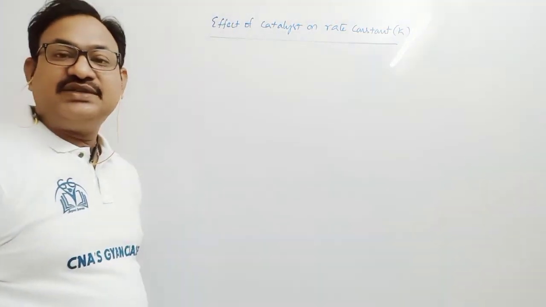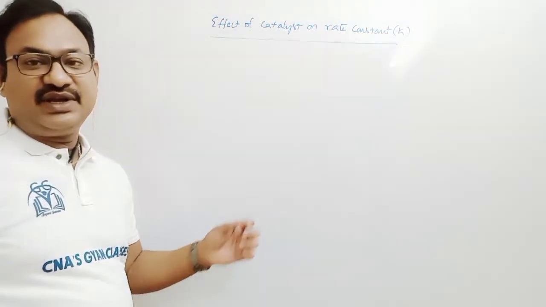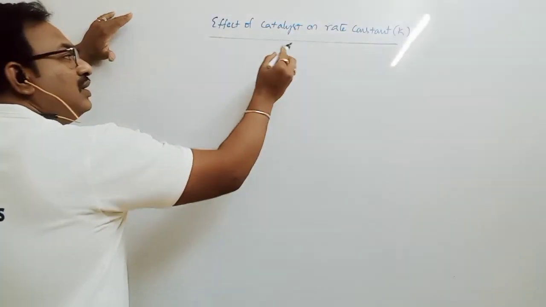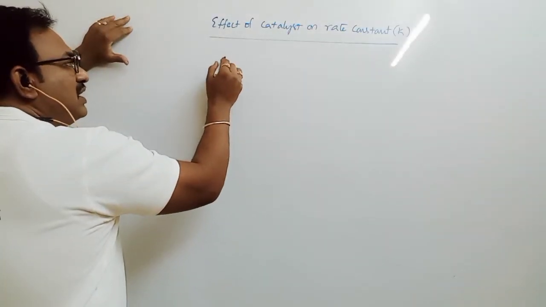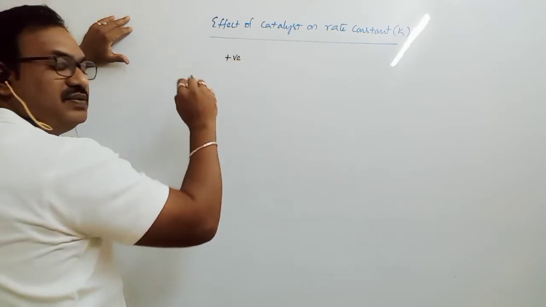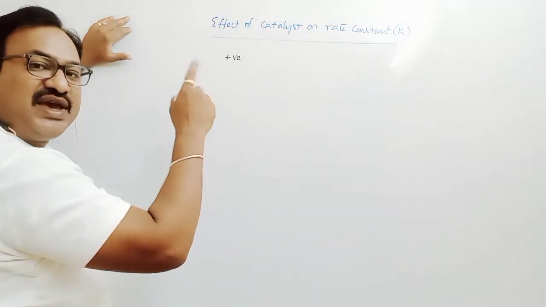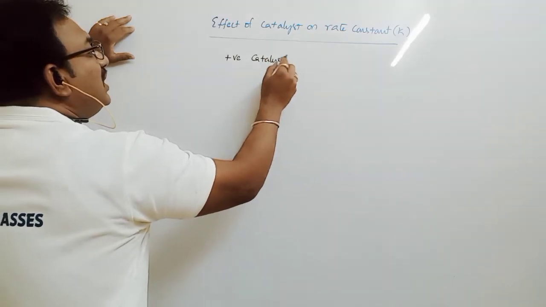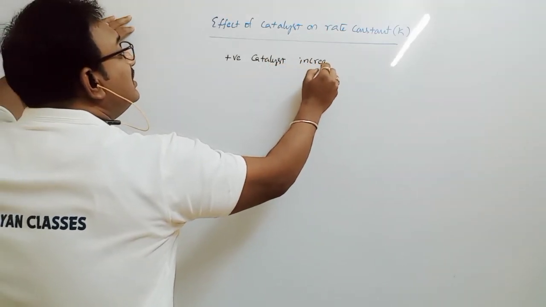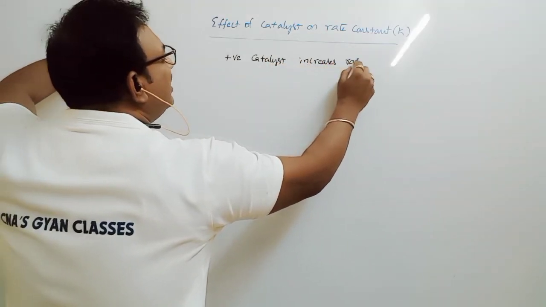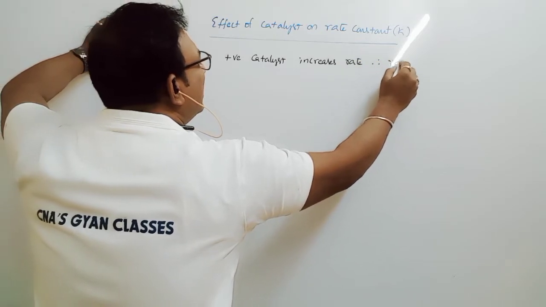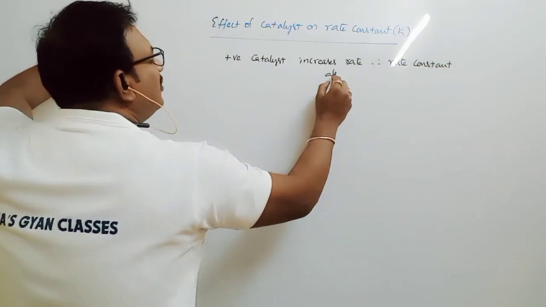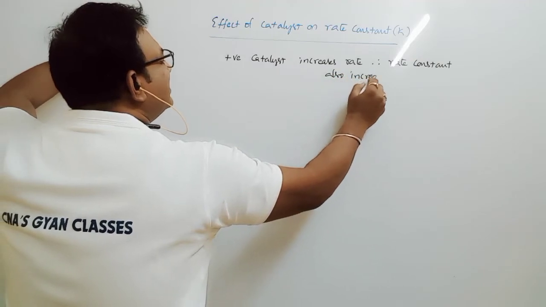Okay, how do you define this effect of catalyst on rate constant? Now listen. See, I have already explained in the previous class that a positive catalyst increases the rate, therefore the rate constant also increases.